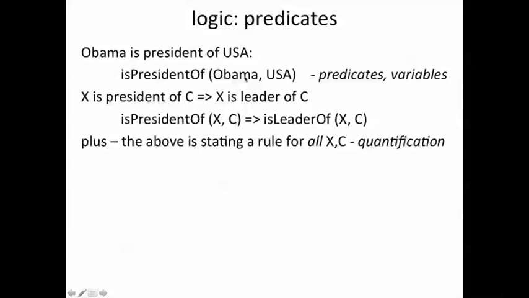It's a statement about all possible X's and C's that says if X and C are related by the predicate is president of, then they are also related by the predicate is leader of.